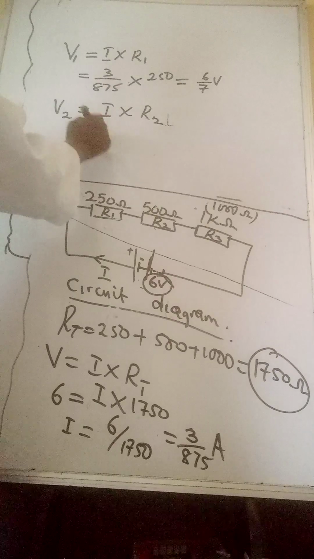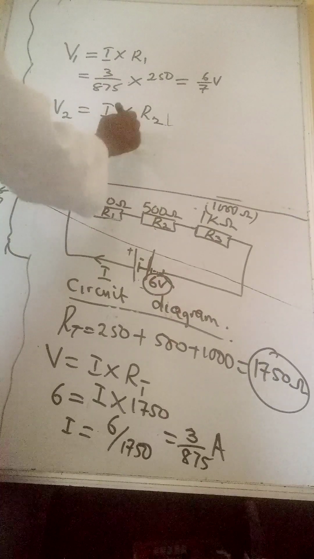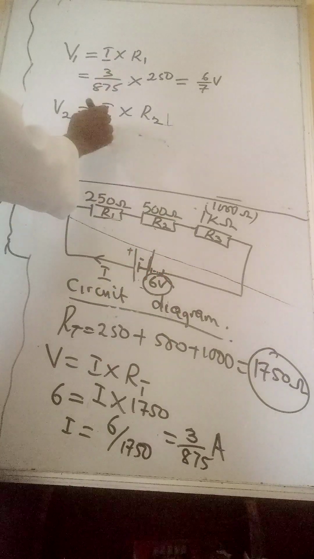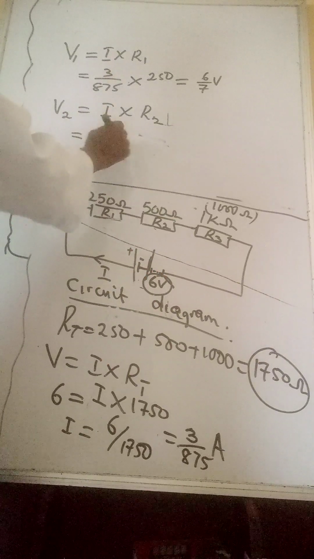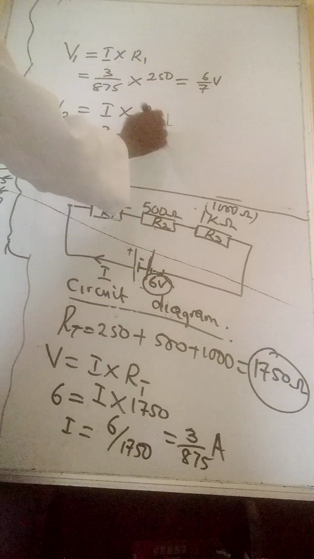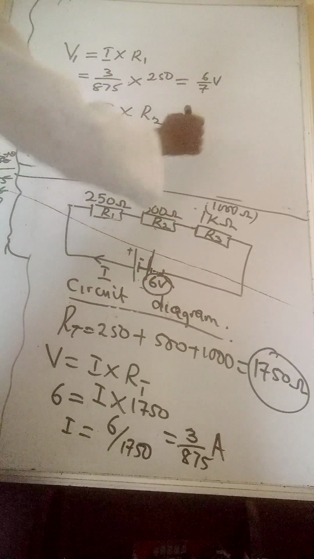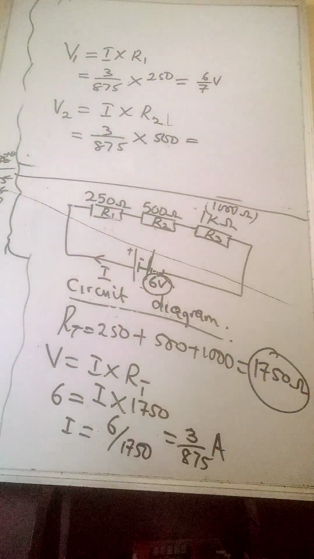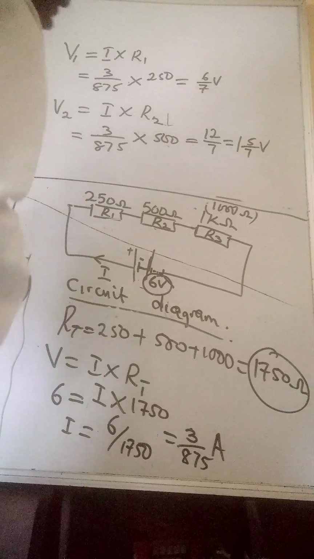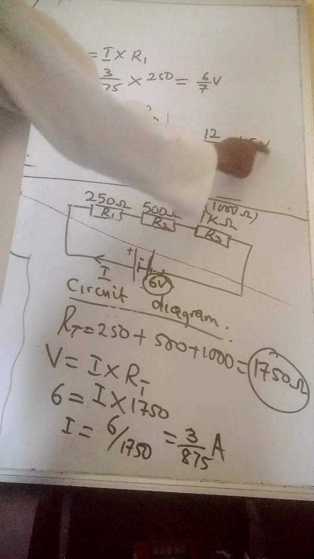That will be 3/875 times 500. And that will give us 12/7, which is 1 5/7 volts.